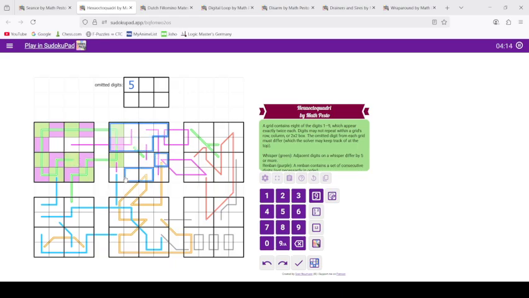Which means all these have to have 5. Could be there. But what this is saying is that this Renban line is 5 cells long.